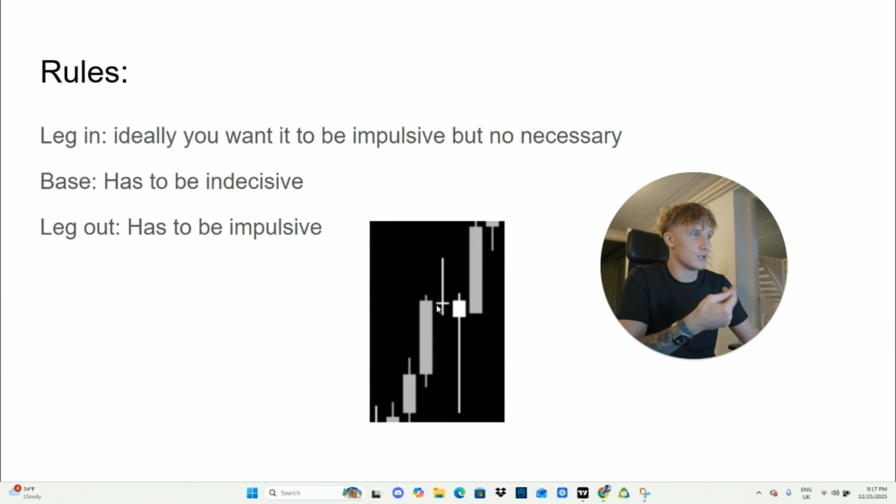And if our assumption is correct, if an institution just entered the market here, then, I mean, they're working with billions of dollars, so we need to see some kind of impulsiveness, right? Otherwise, that means that maybe an institution didn't enter the market here. If it's just going up with small little teeny candles, that shows us, okay, well, maybe an institution didn't actually enter here. So that would disqualify the zone. Okay, cool. Let's keep it stepping.